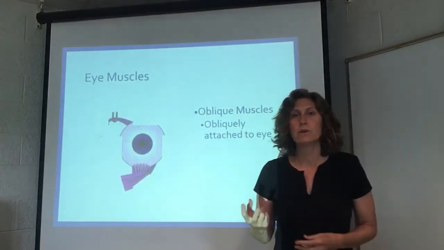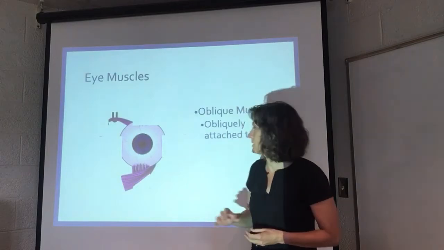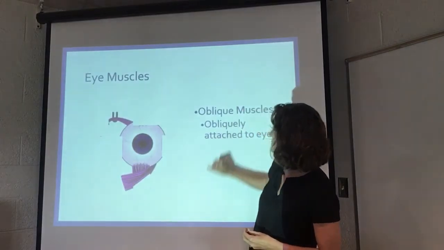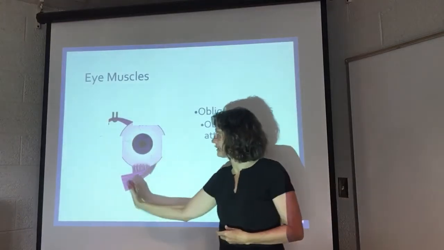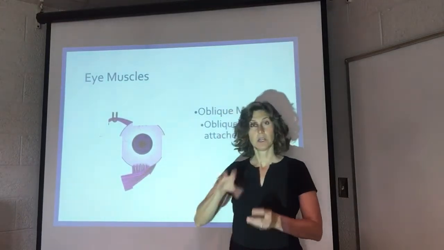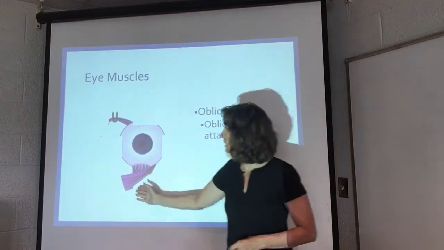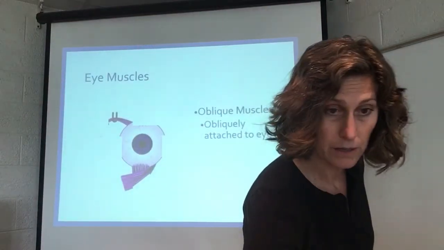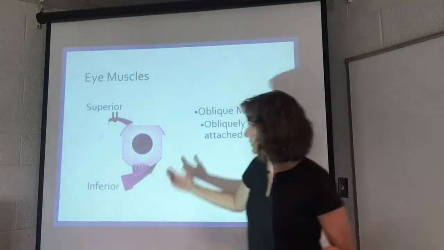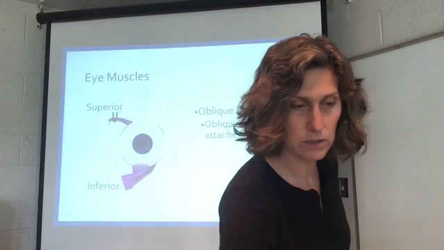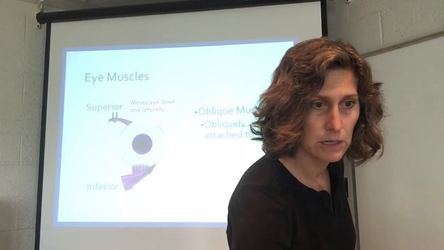Now, the other two of the 6 muscles that were introduced in the introductory piece were the oblique muscles. So they are attached obliquely to the eye, at more of this angle. They're not attached in this straight rectus way. The 2 oblique muscles that were introduced were superior and inferior, but they control the eye a little bit differently from the rectus muscles.